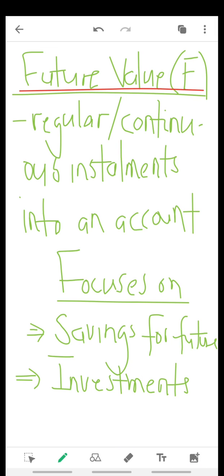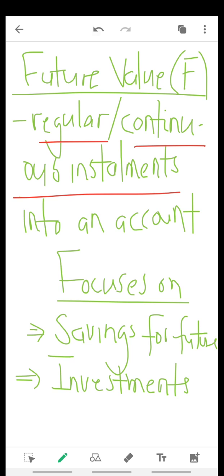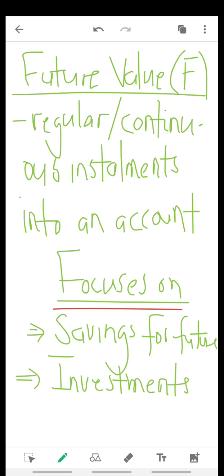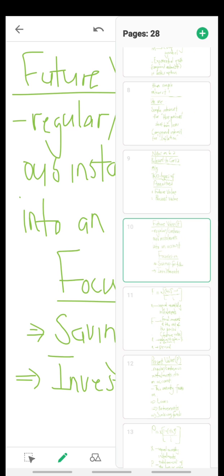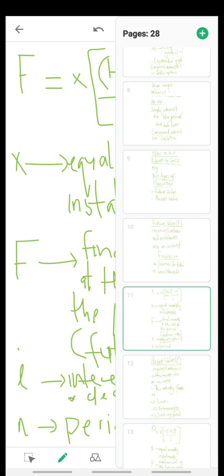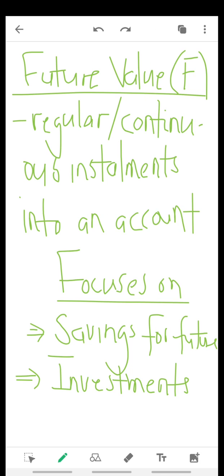What is the future value annuity? This is when we are having regular or continuous installments paid into an account. Also, your future value annuity focuses on savings for the future as well as investments and what we call the sinking fund. There's also what we call a sinking fund.